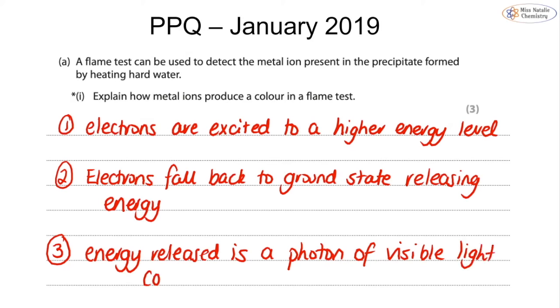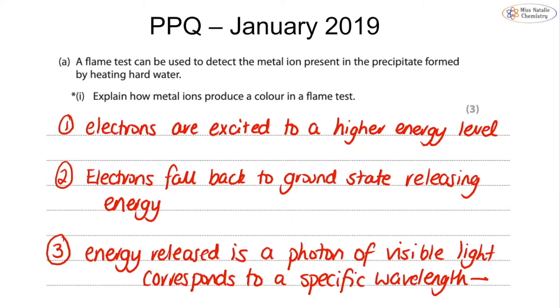And this visible light corresponds to a specific wavelength. And then that's what gives us our colour. So 3 marks talking about the electrons being excited, then falling back down and releasing that photon of light somewhere in the visible region.